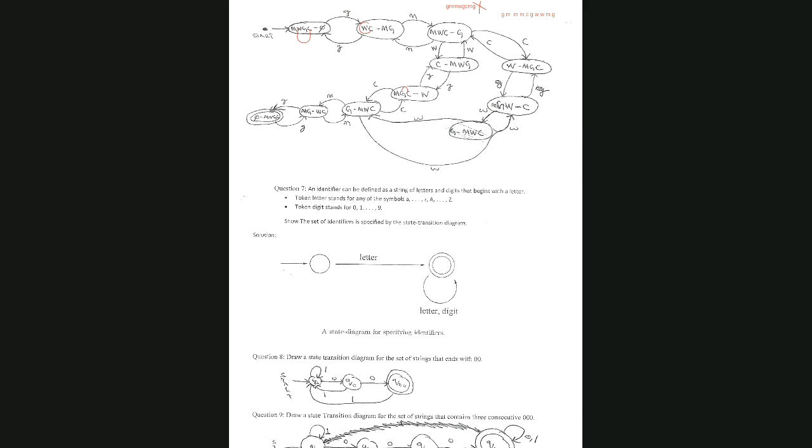Then M, from G to M I come here. Again M, go here. Again M, come back here. Then C, coming here. G, come here. W, come here. Again W, go here. Then M. Yes, this transition is correct because it starts from the initial state and takes me to the ending state.